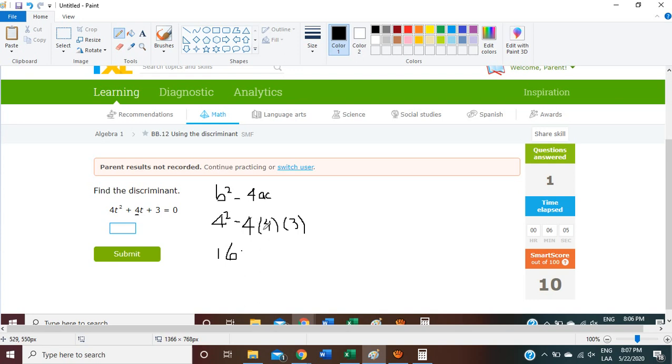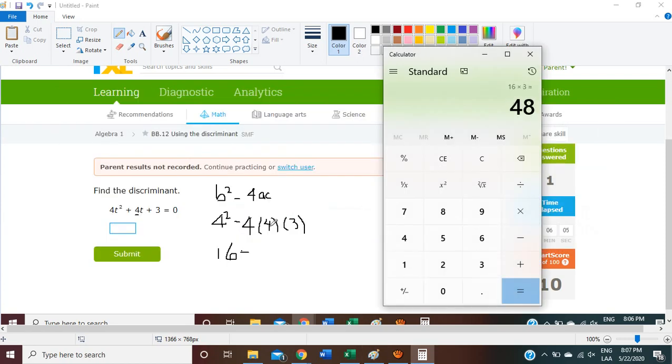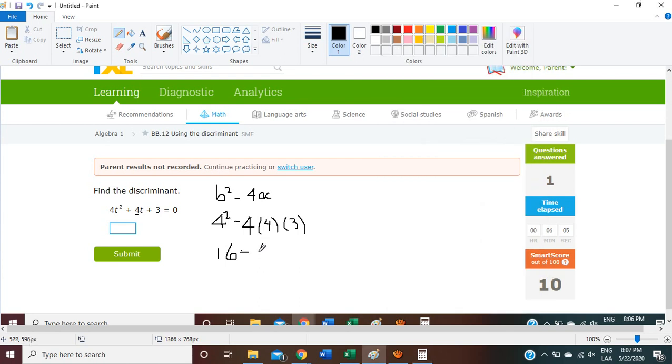Negative times positive is negative. 4 times 4 is 16, 16 times 3 equals 48.